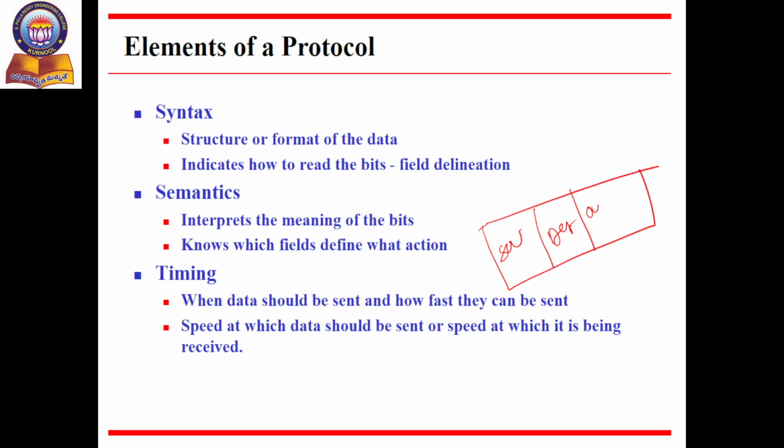This is a default rule we need to follow. If you mix up this rule, suppose you place the destination first inside the network, the routers and the switches will be misled. That's why we need to follow the syntax. Syntax refers to the structure or format of the data. When we send any data, we need to follow the structure. This is a basic thing when sending data.